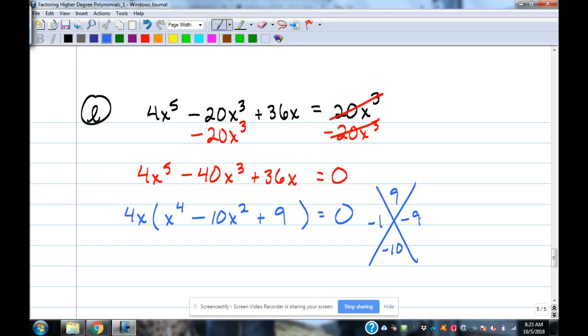Both of them need to be negative so that it multiplies to be positive and adds to be negative. Can we take a shortcut on this one? What would the front part of these parentheses be? X squared. So we've got x squared minus 1, x squared minus 9. What about that 4x that we pulled at the beginning? Bring it on down there.